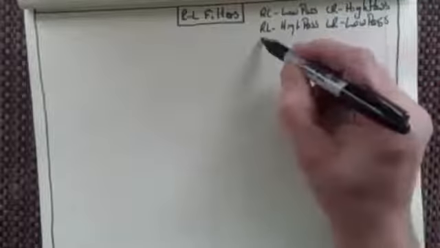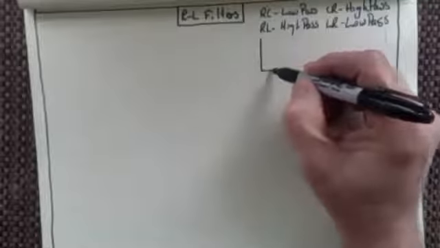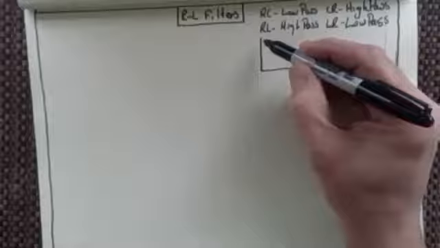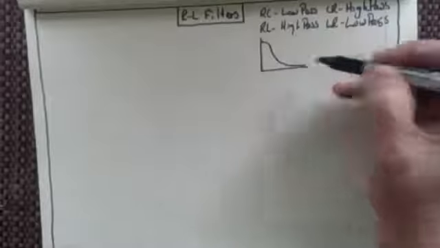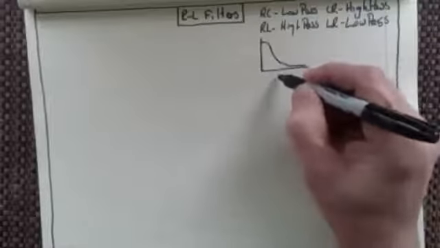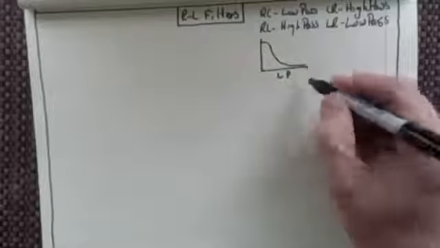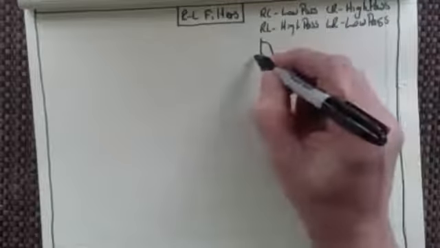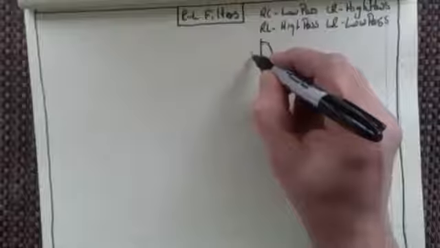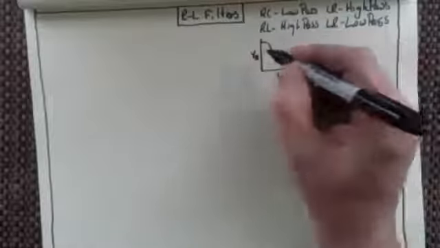And when we look at these, we can see a low pass circuit would let the low frequencies through, so low pass. And of course, this is going to be frequency down here, and this is going to be, let's say, voltage. Voltage at A is what we called it.